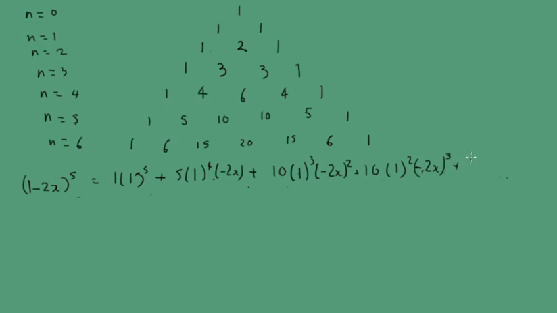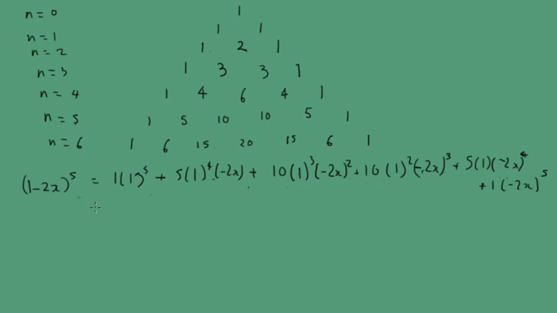So again, we look at n to the 5, and we will get 1 to the 5th, plus 5 times 1 to the 4 times minus 2x, plus 10 times 1 cubed times minus 2x squared, plus 10 times 1 squared times minus 2x cubed, plus 5 times 1 times minus 2x to the power 4, and I'll put this plus 1 times minus 2x to the power 5.